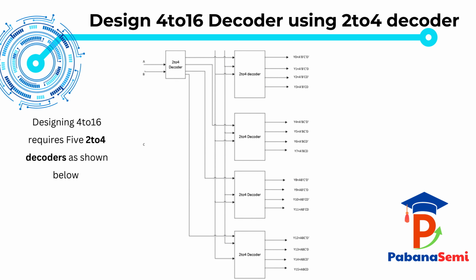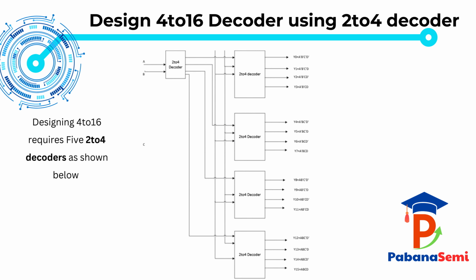Next, we use 4 more 2 to 4 decoders for the lower two inputs, C and D. So inputs C and D are connected in parallel to all 4 decoders. Each of these 4 decoders is enabled by one of the enable lines coming from the first decoder. If AB equals 00, the first enable line activates the first block, producing Y0 to Y3.